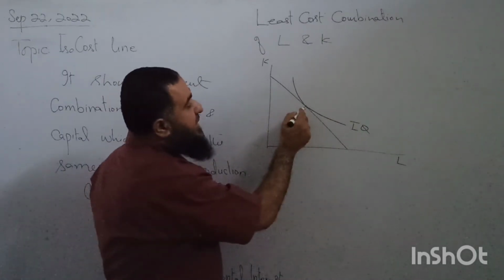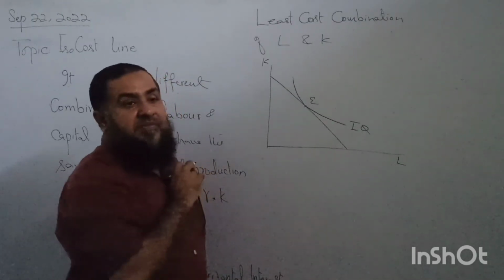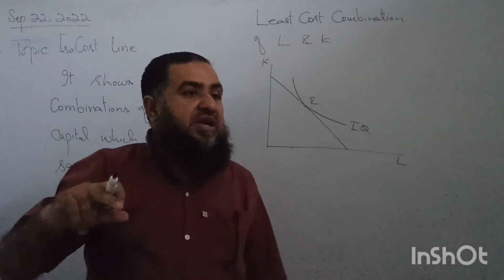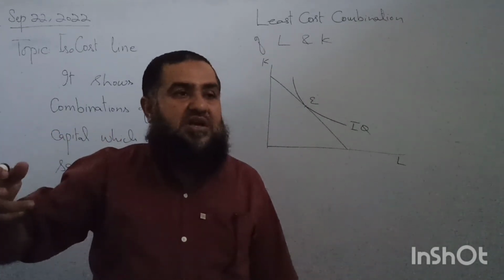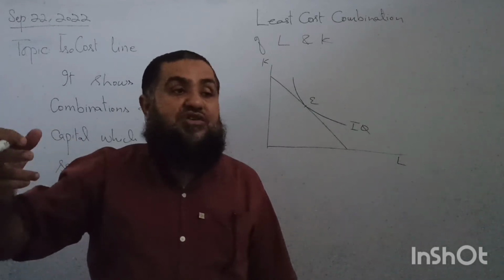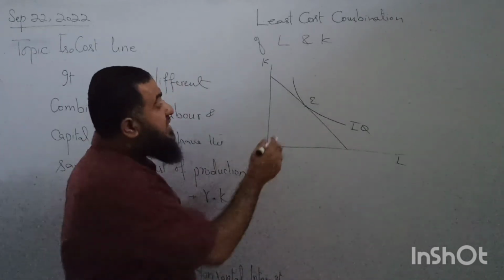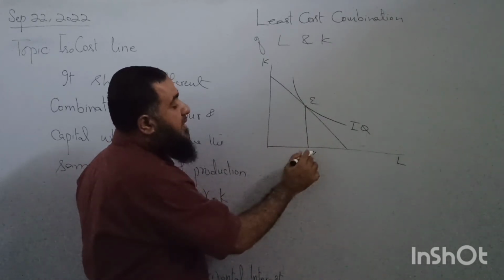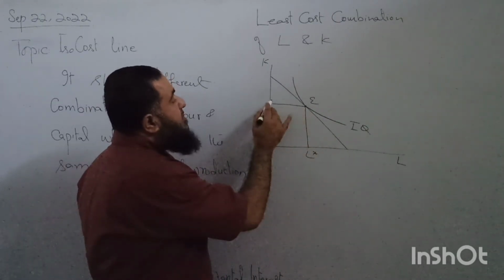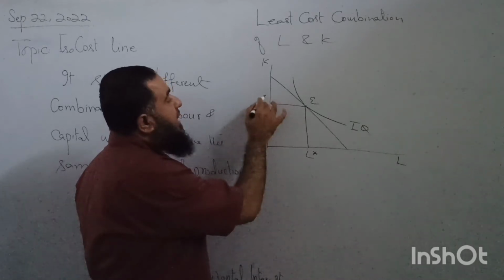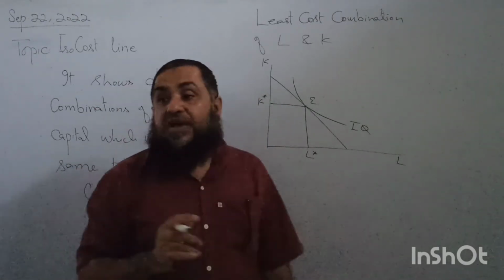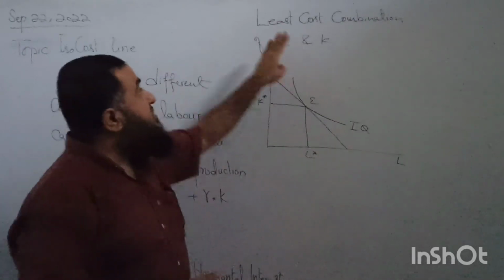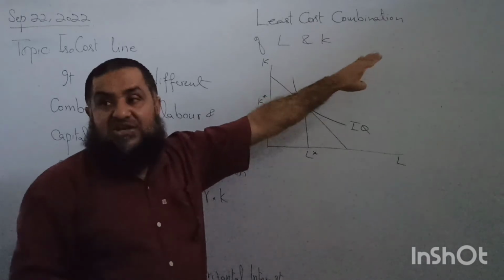So the point of tangency, where the isocost line makes a tangency with the highest isoquant curve, that combination of labor and capital will be the optimum number of workers and capital employed, where the per unit cost of production of the producer will be minimized, or we say this is the least cost combination.